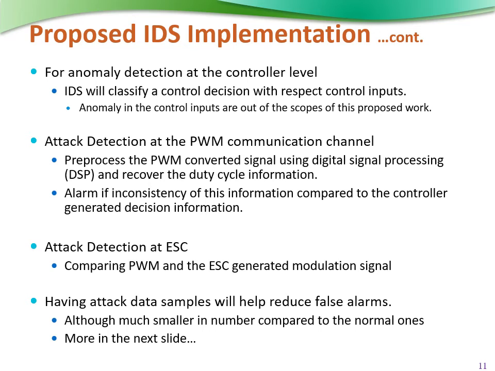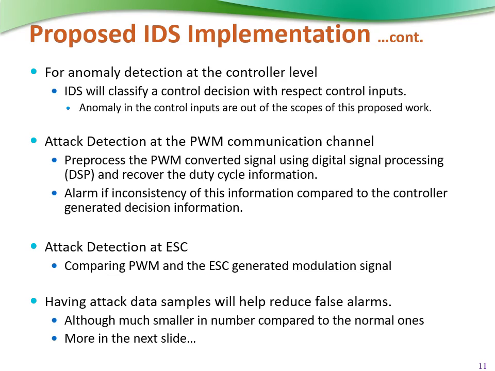At the PWM communication channel, the attack detection will consider inconsistency of the PWM information with respect to the controller generated control commands. We'll use digital signal processing to recover duty cycle information.